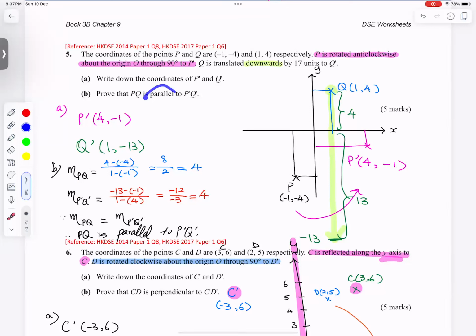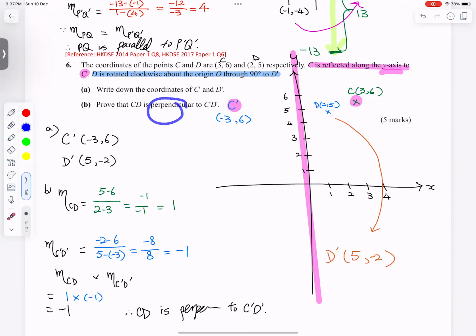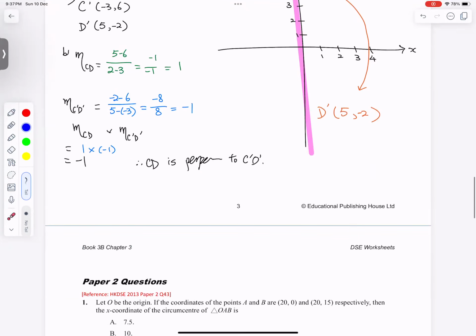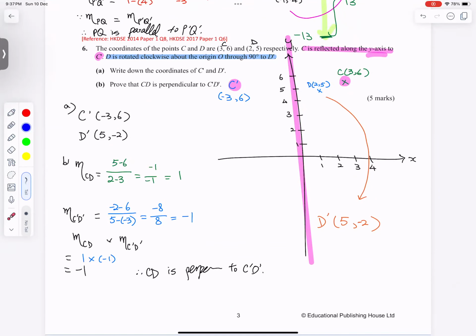If they're asking you about parallel, that means the slopes need to be the same. If they're asking about perpendicular, you multiply the slopes and if it equals -1, then it is perpendicular. But if it does not equal -1, it is not perpendicular. So, okay. That's it for this much.